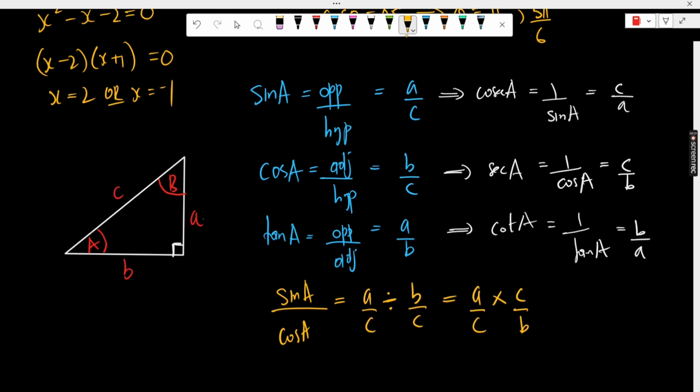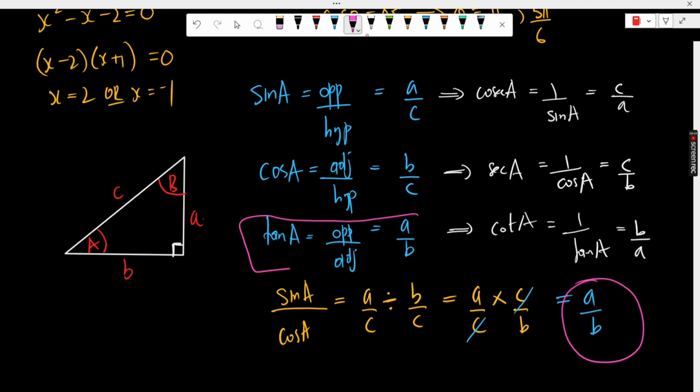Having done that, the two C's cancel, and this leaves us with A over B. But what is equal to A over B? What do you notice there? A over B, what is that equal to? This is Tan A.